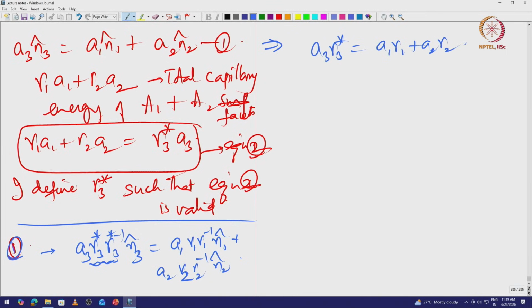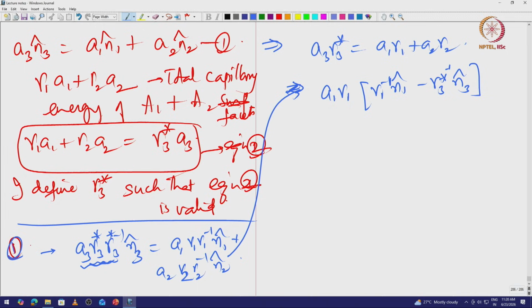So, once I write that, this equation can be rewritten as A1 gamma 1 plus A2 gamma 2. Okay. A1 gamma 1 times gamma 1 inverse N1 minus gamma 3 star inverse N3 is equal to A2 gamma 2 times gamma 3 star inverse N3 minus gamma 2 inverse N2.